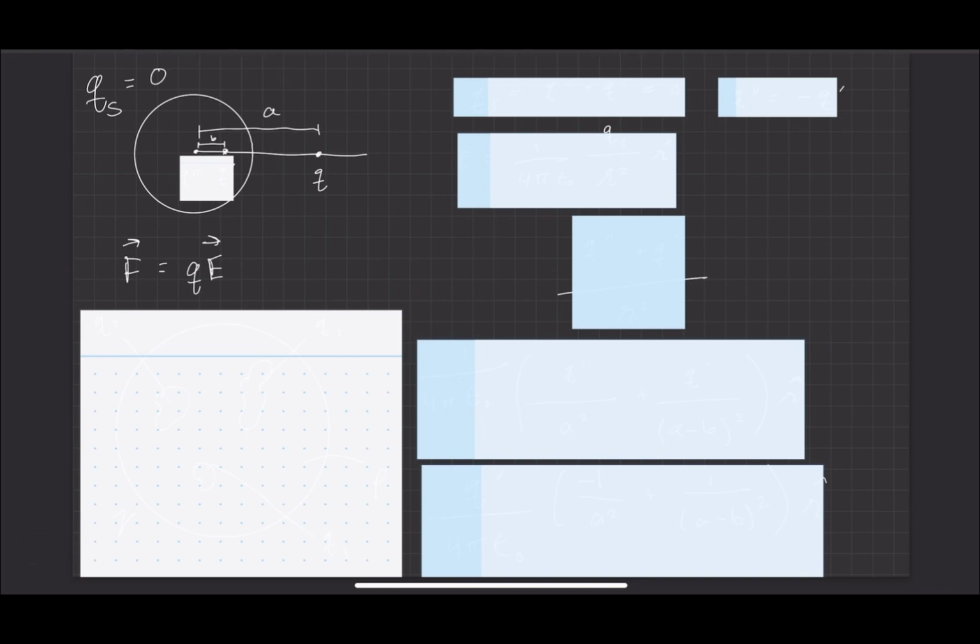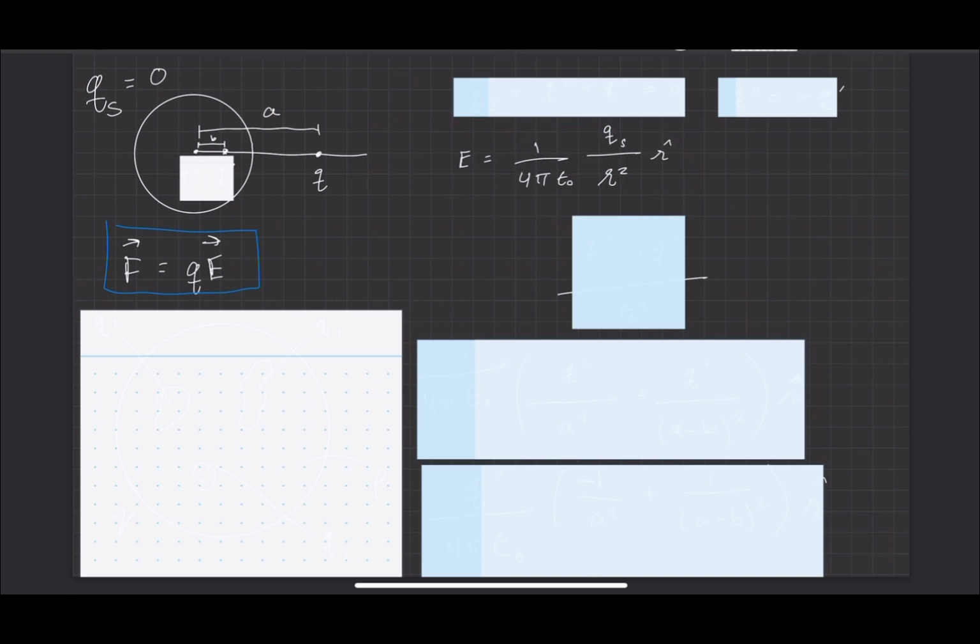We know what the force on a charge is thanks to this equation here. The force is just the magnitude of that charge times the electric field at the point where the charge is situated. So what is the electric field at this point where Q is? That is just this. Oops, it should have a hat.